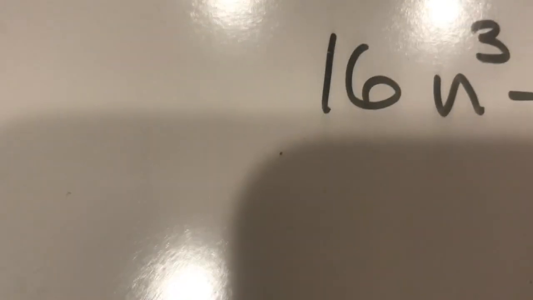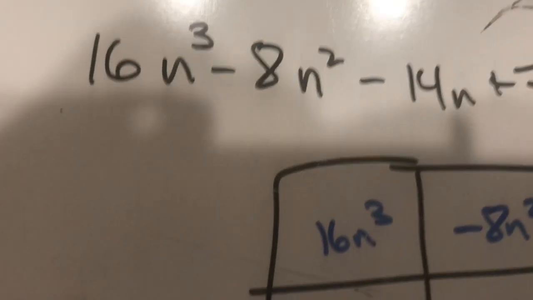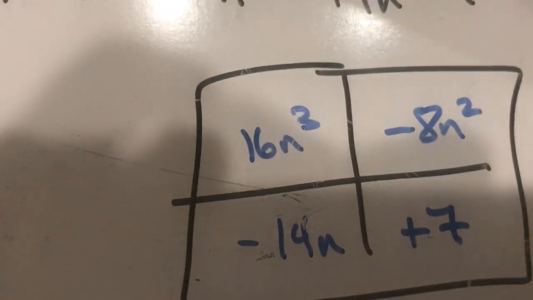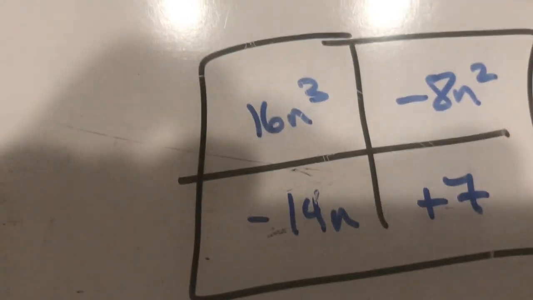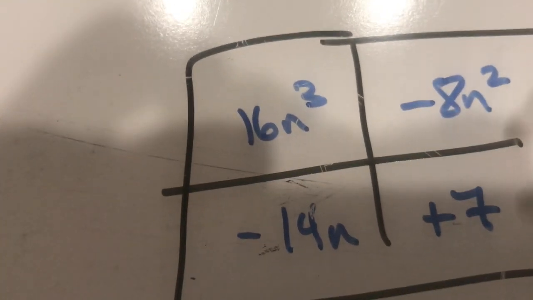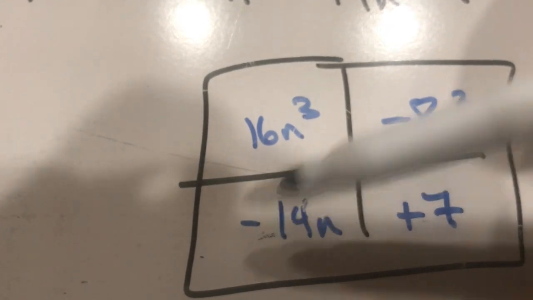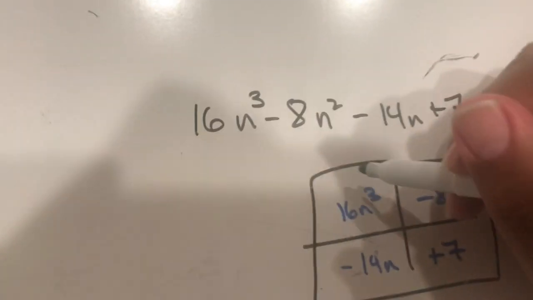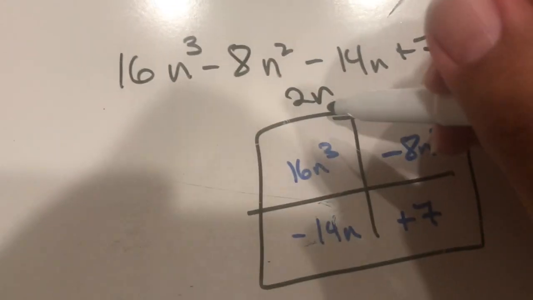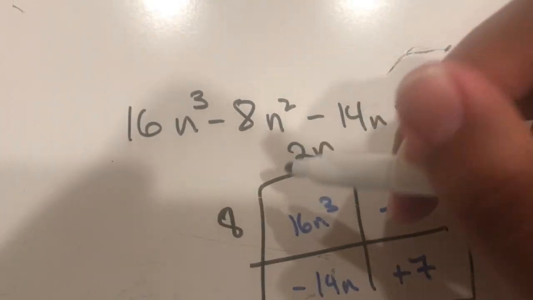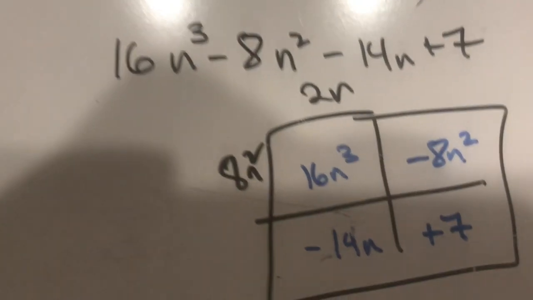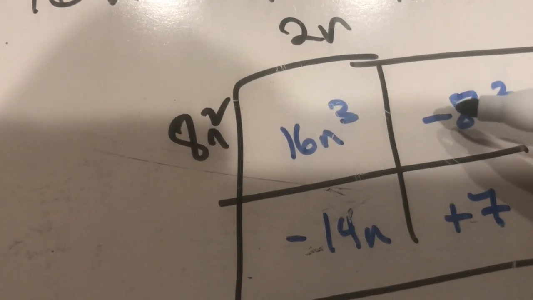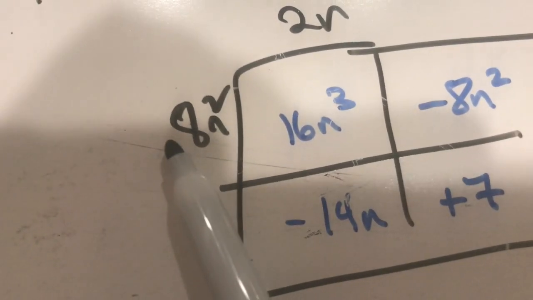The decision making comes when we're doing the area model, and we see that we have a negative here and here with our area model. And when we're trying to find out what will go into both of these, and we say that 2n goes here and 8n squared goes there, we notice that this 8 is negative, so we tend to want to put a negative there.